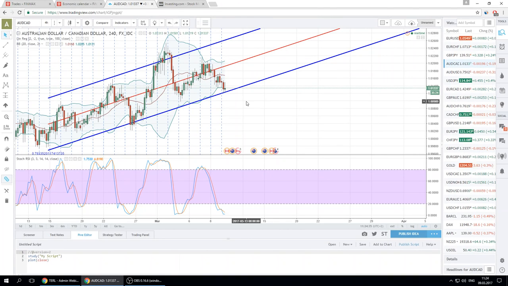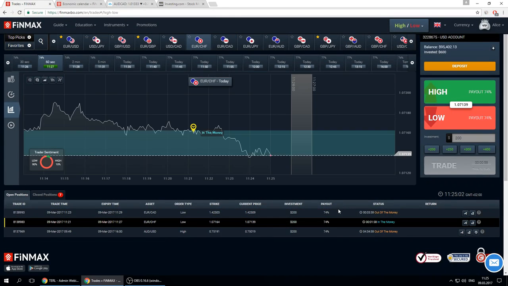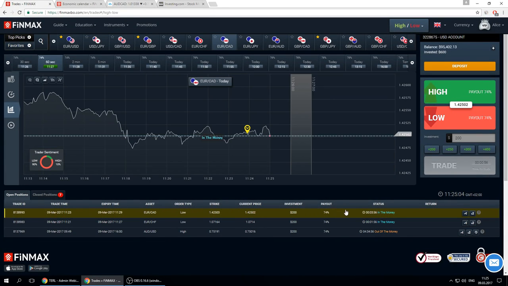Well, here we see the Australian dollar to Canadian going down. Here we see the trend line, and it's better to wait till this candle closes, so 35 minutes, and after that make an analysis one more time, and only after that enter the trade. Okay, let's check. In the money, out of the money, in the money too.